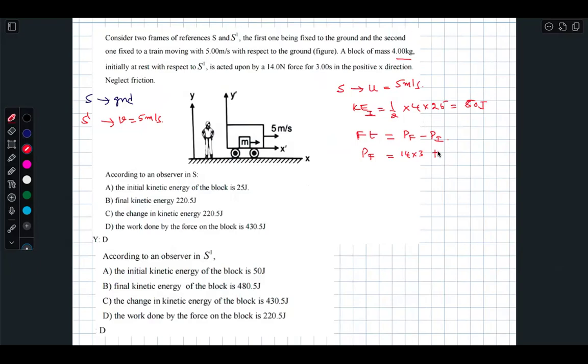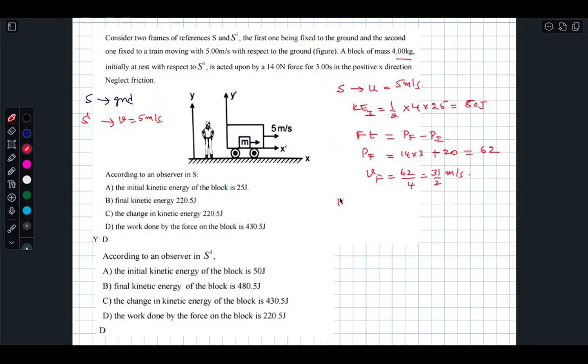Because you said it is having a velocity of 5 meters per second. 14 threes are 42 plus 20, 62. So therefore final velocity is 62 by 4, which is nothing but 31 by 2 meter per second.